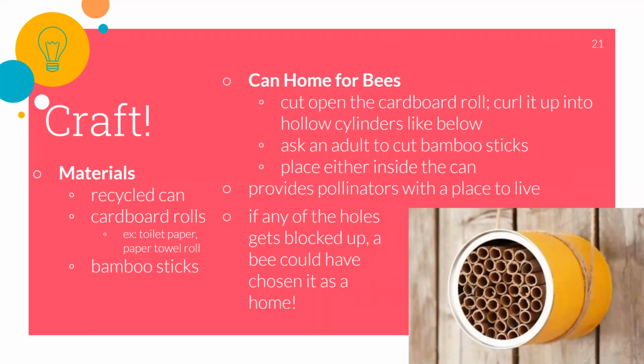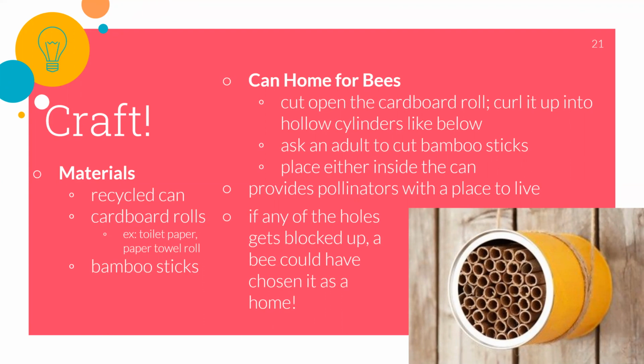So if you happen to be interested in housing solitary bees, you can always craft these sturdy bee homes, which are comprised of a recycled can, bamboo sticks, and a cardboard roll. Take, for instance, a toilet paper or a paper towel roll that you can easily find in your home. Next, you can slice open the cardboard roll before curling it up into a hollowed cylinder as shown on the slide.